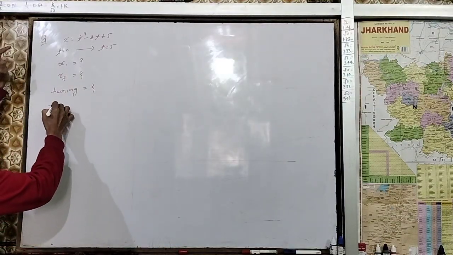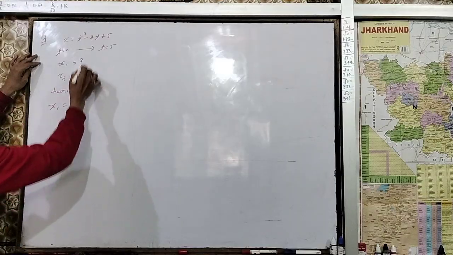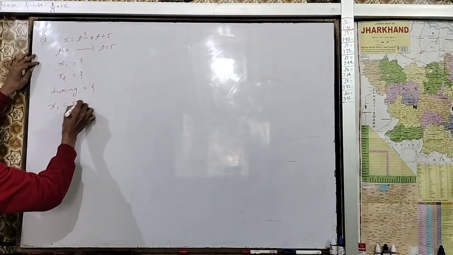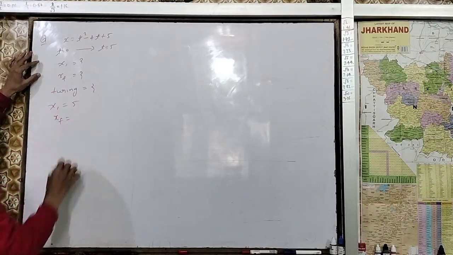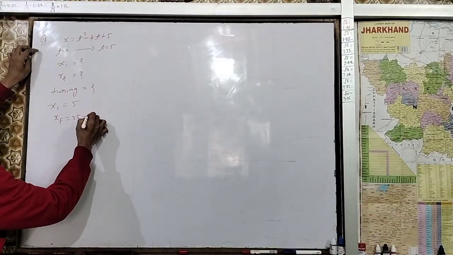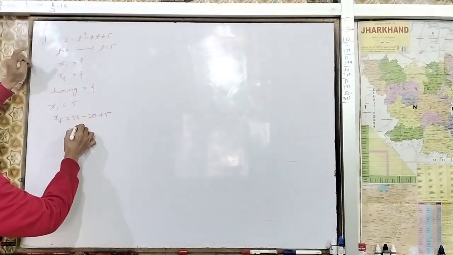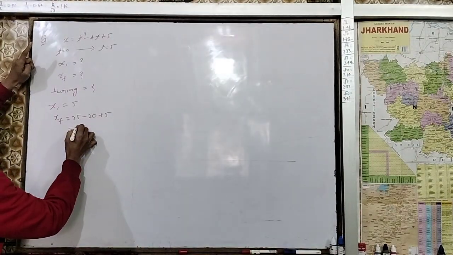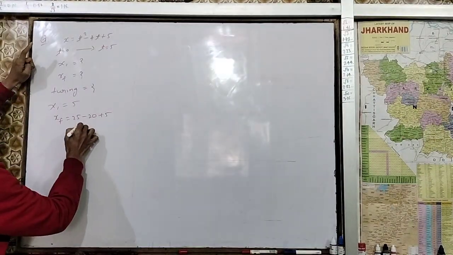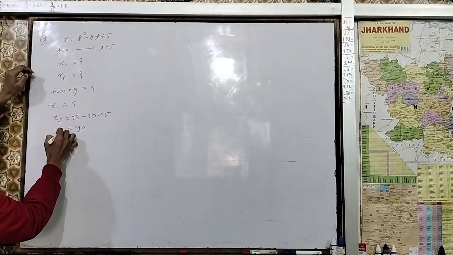So x initial: t is 0, so x initial is 5. X final will be 5 5s are 25 minus 5 4s are 20 plus 5. So 30 minus 20, 10. X final is 10.